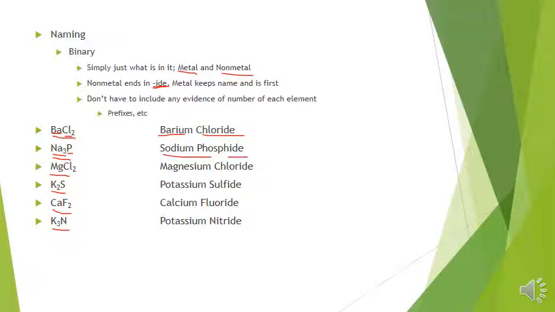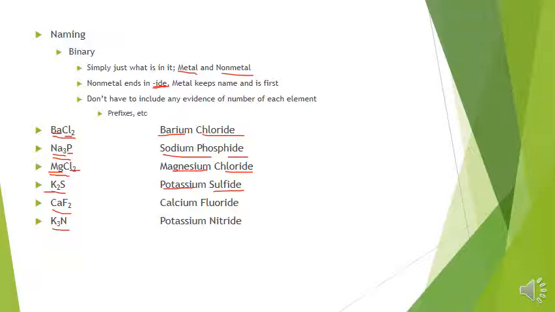You don't have to worry about the 3. MgCl2, magnesium chloride. K2S, potassium sulfide. So it's not sulfuride, it's sulfide. CaF2, don't worry about the 2, it's going to be calcium fluoride.